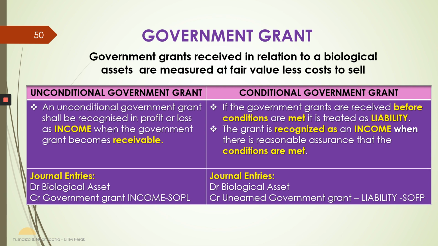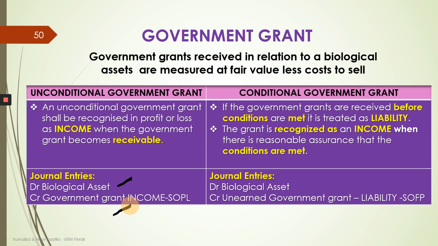So government grant, if it's unconditional, meaning that you don't have any particular condition to be met, and they just give you, and it becomes receivable, becomes your income. So therefore, you have to debit biological asset and credit government grant in the SOPL. Yeah. So if that is under your company, given to your company.